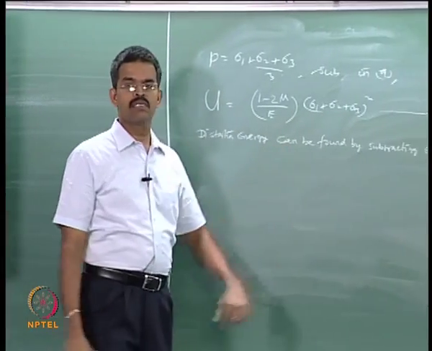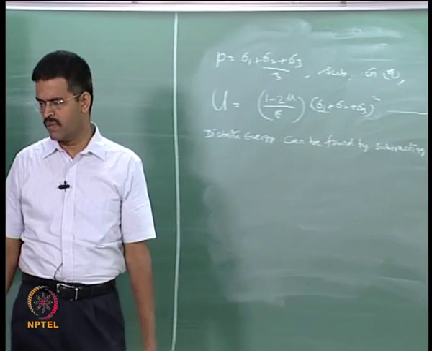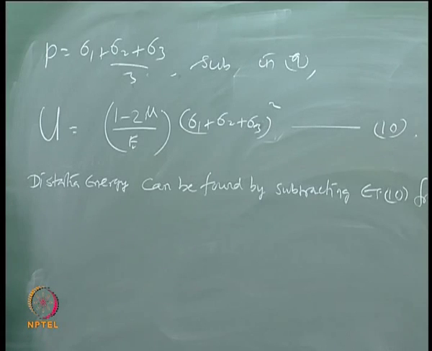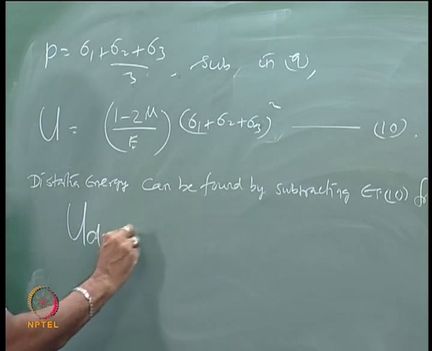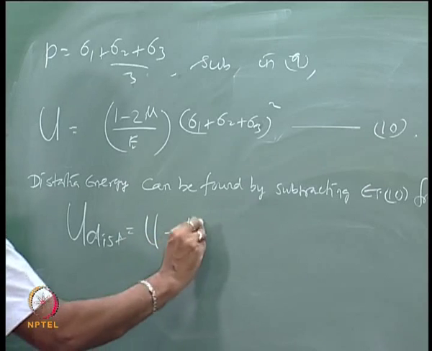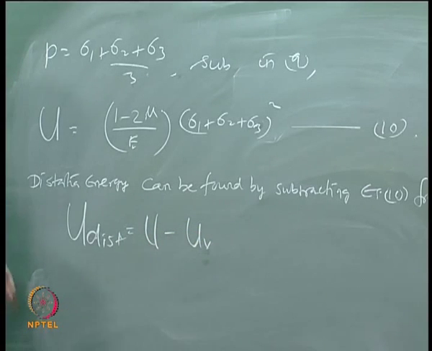I subtract this from 1, I get the distortion only. So let us do that. So U distortion is U minus U volumetric. Let us see what equation we get.